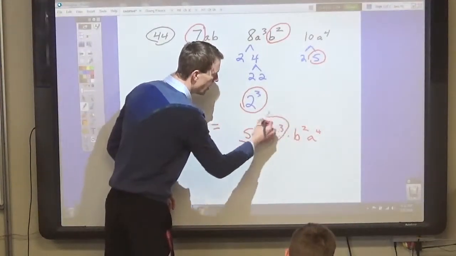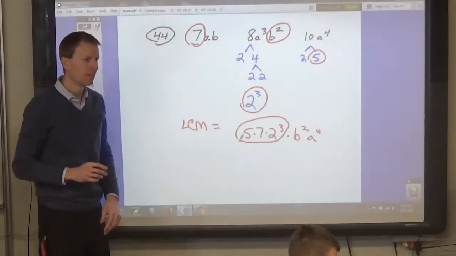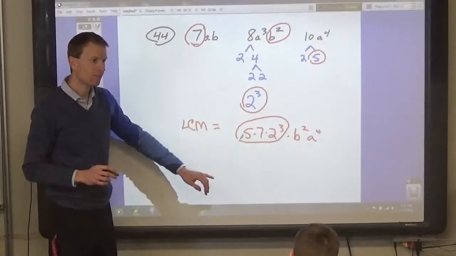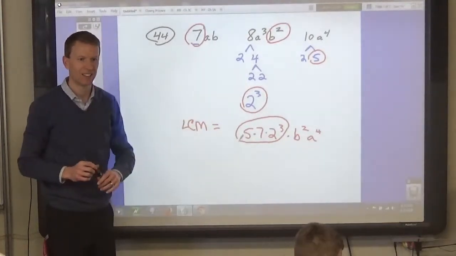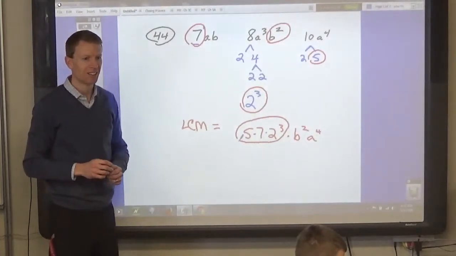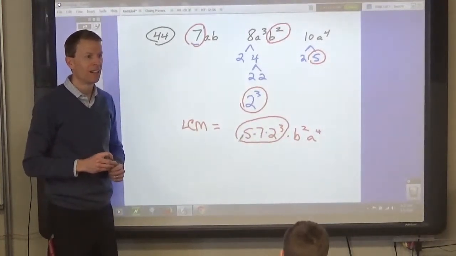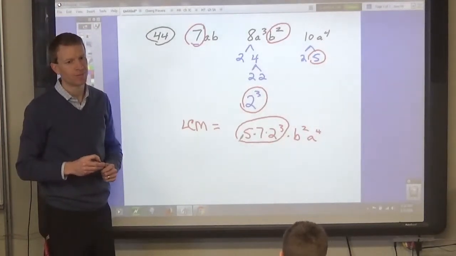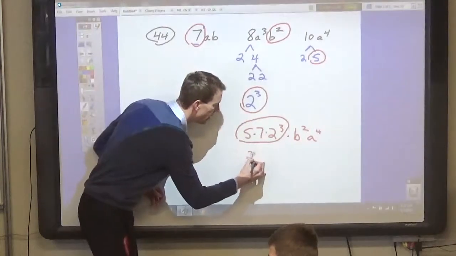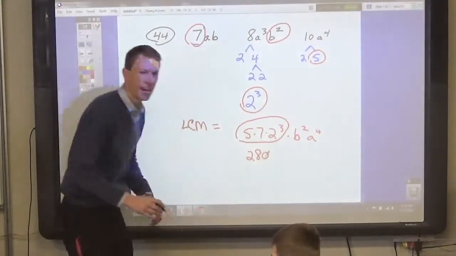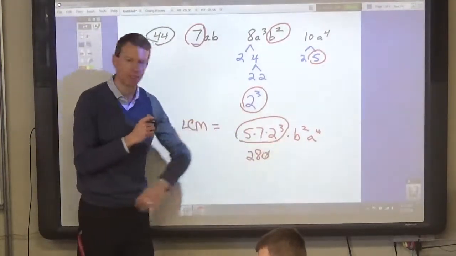Find the answer to this. Max? Use your calculator if you need to. Great. 280. And how do we put these in order, Trinity? How do we write the variables?